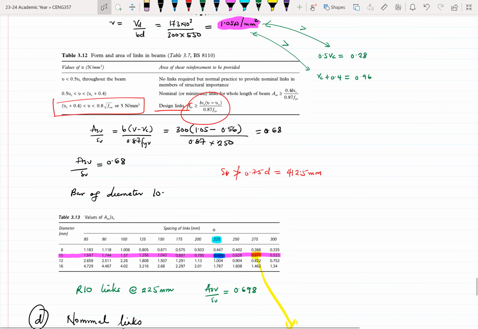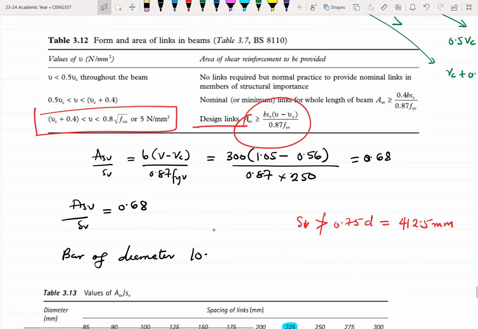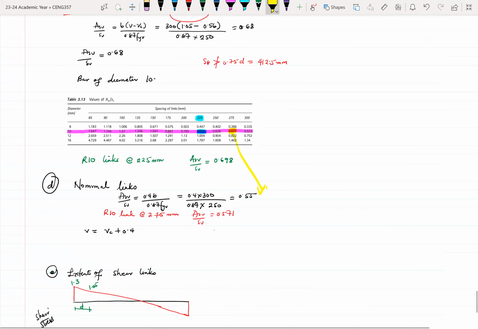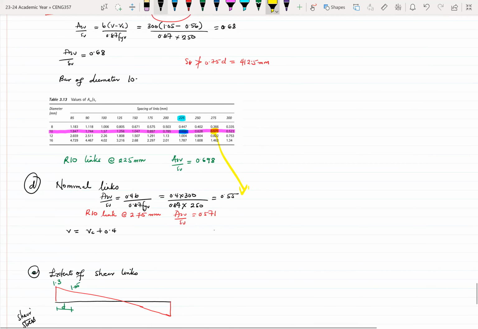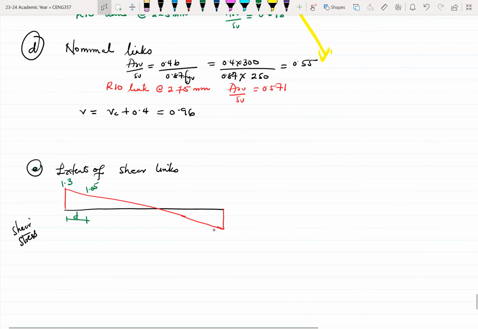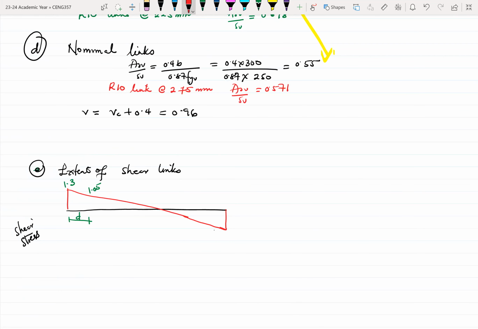If you come back to this table, here is for the nominal links. So the highest value for the shear stress V, coming from the load, can only be the shear stress in the concrete plus 0.4. If we do that, this becomes 0.96, which I've already written. So it means that there's some point here.